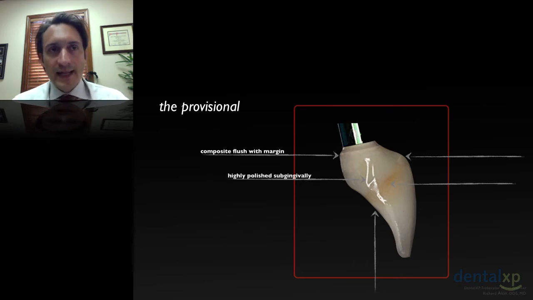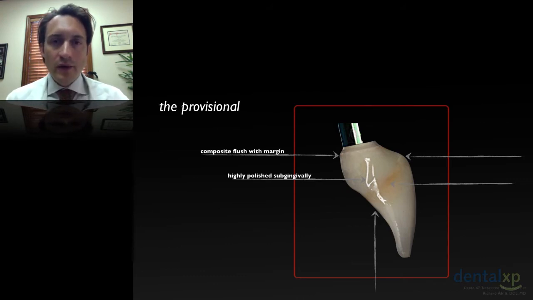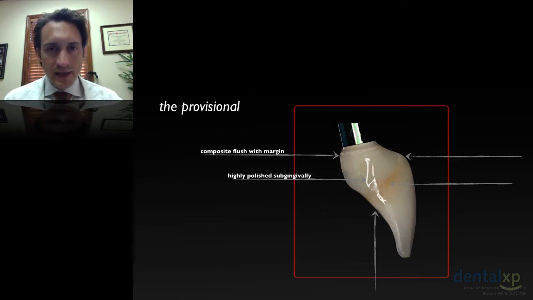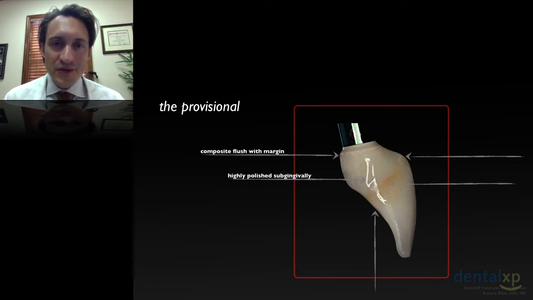Next, I like this highly polished subgingivally. This is very important because the subgingival margins are where we're getting that junctional epithelium and the epithelial healing taking place. We don't want any irritant down there. We know that there aren't any perfect provisional materials in the subgingival area, but having these areas smooth can be very helpful from a healing standpoint.